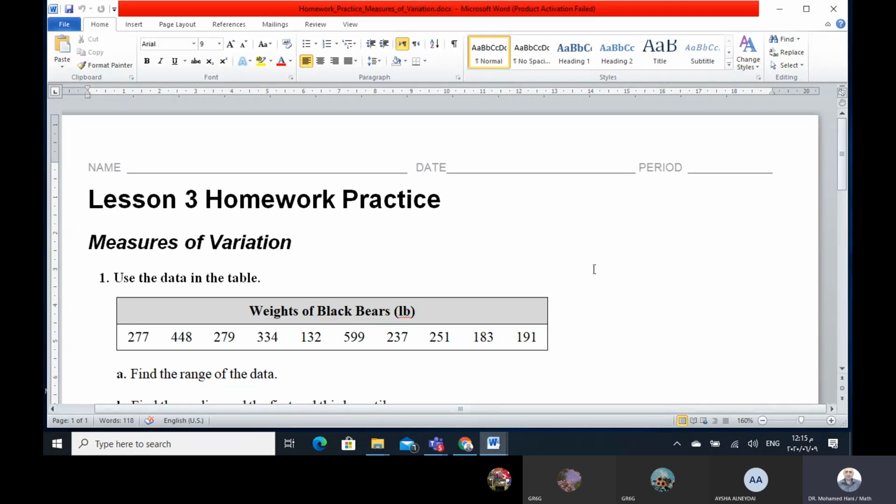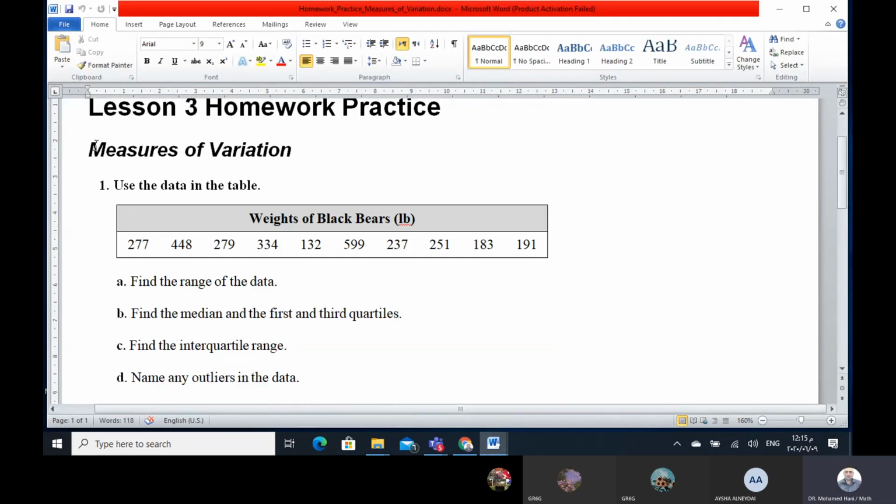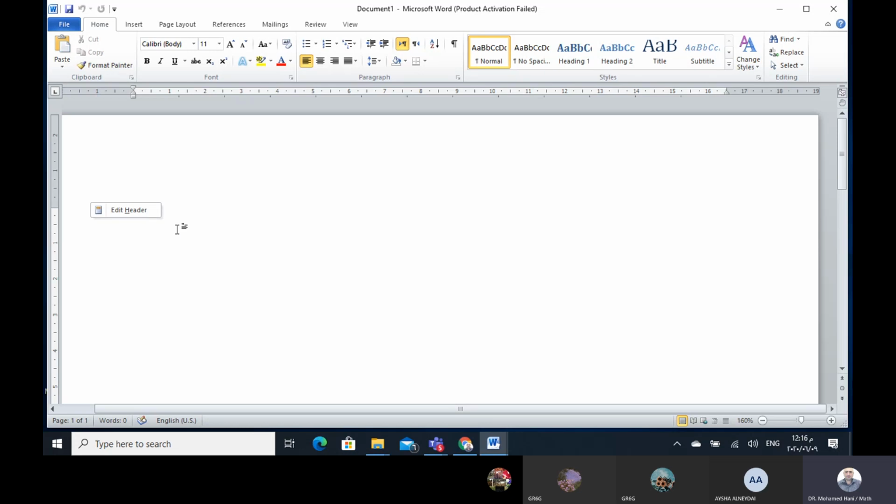Prepare your notebook or any paper. The question, find the measure of variation. As you remember, yesterday we revised this lesson.